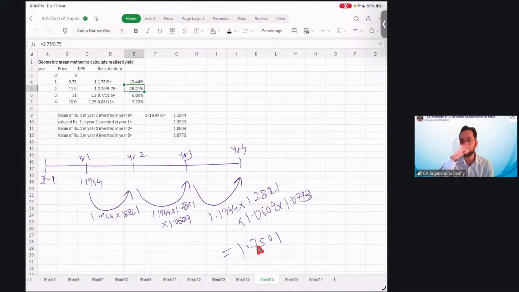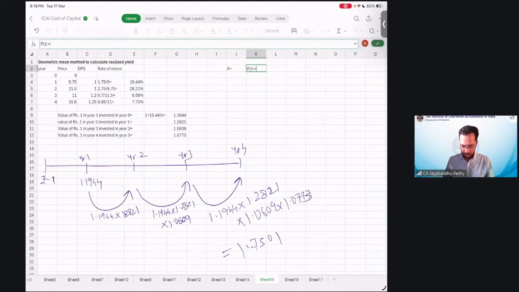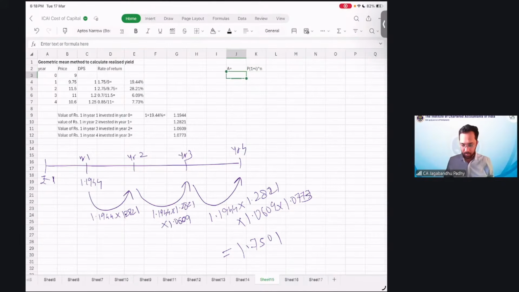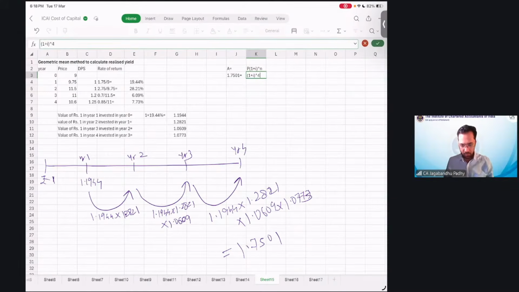So every year you compute the rate of return, and when you want to calculate the geometric mean, you simply take the fourth root of this. Over here, we know amount is equal to principal into 1 plus i raised to n. So amount is 1.7501, which is equal to simply 1 plus i raised to 4. So I can get the rate over here as 1.7501 raised to 1 by 4 minus 1.